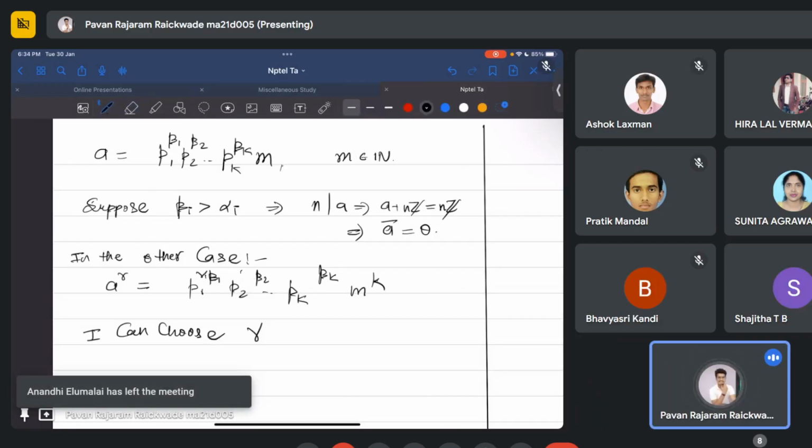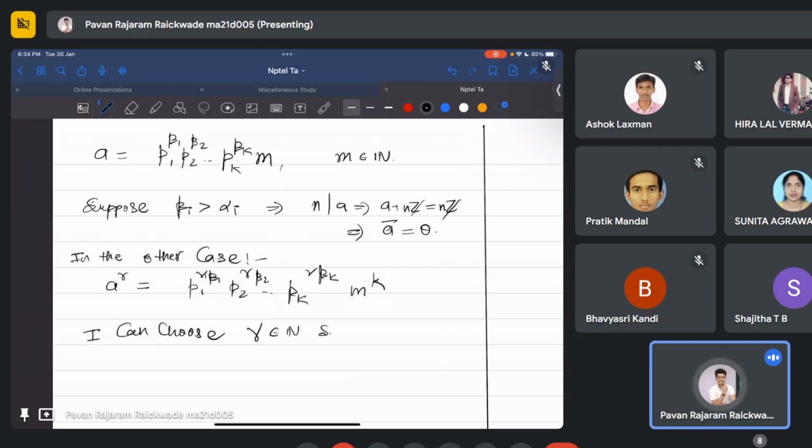This is r beta 1, r beta 2, because I'm doing the exponent r to the whole product, so the exponent gets distributed in each term, right? So I can choose r belongs to natural number such that r beta i is strictly greater than alpha i, right? For every i.